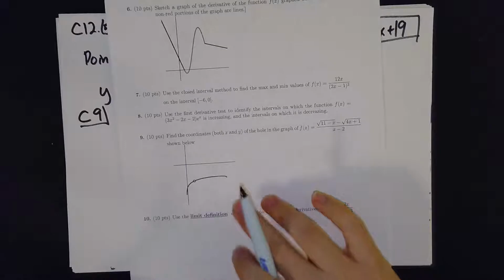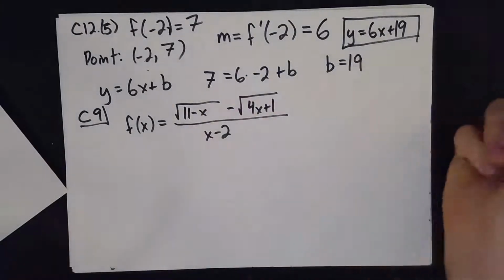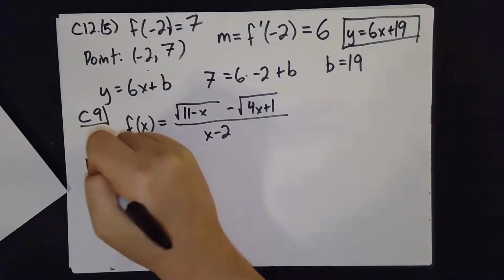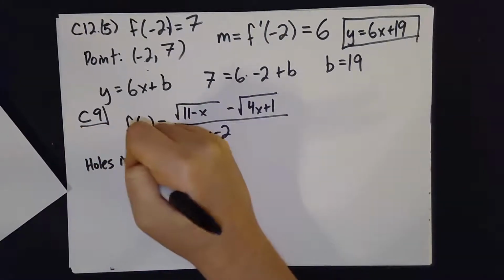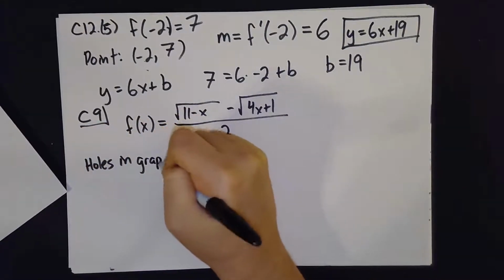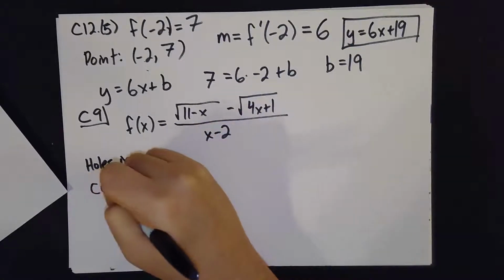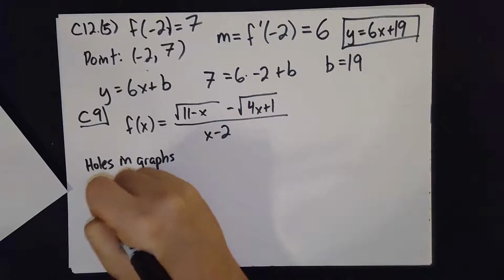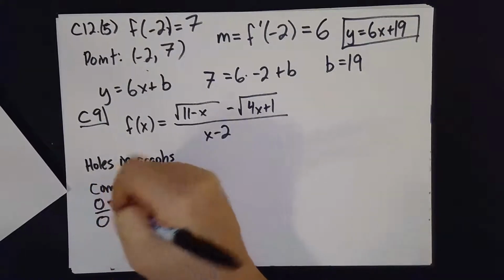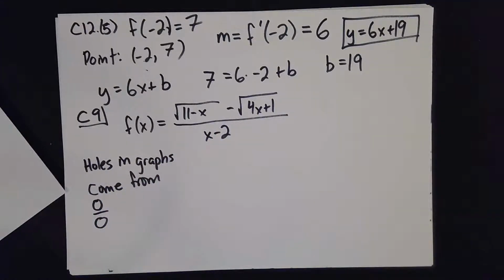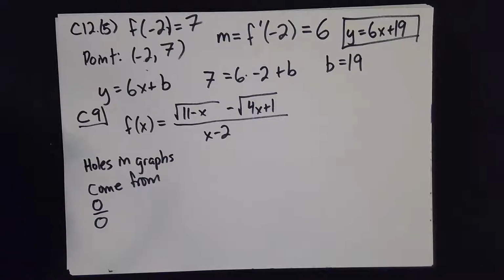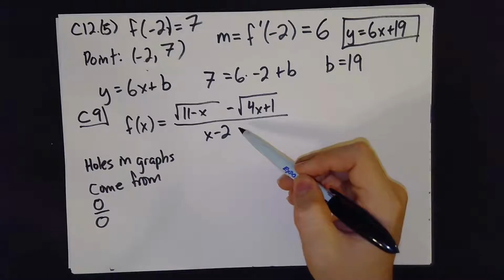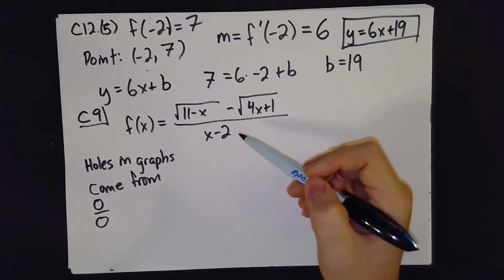And remember, holes in graphs come from one place. Namely, they always come from these places where the function evaluates to 0 over 0. So where does this function evaluate to 0 over 0?